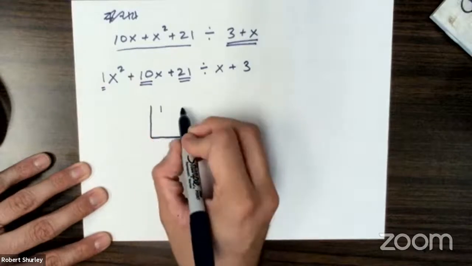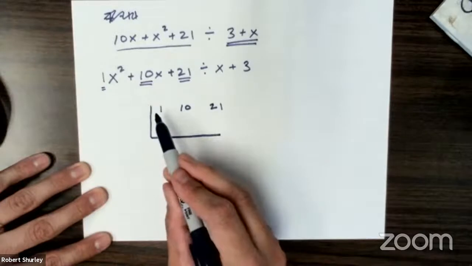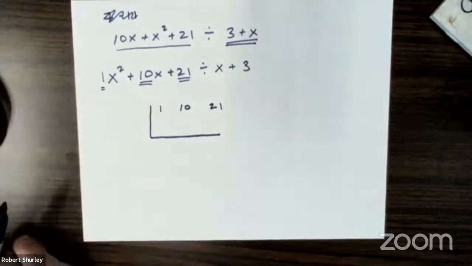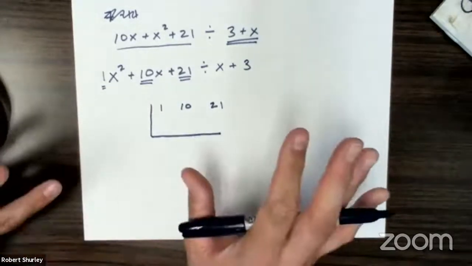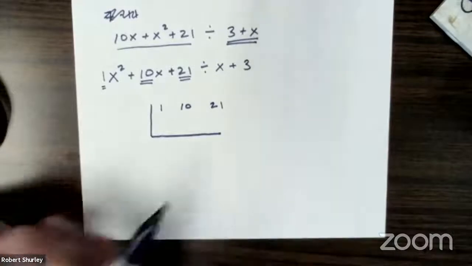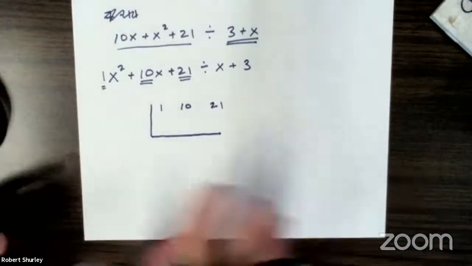And I'm going to write 1, 10, and 21. I'm going to write those individually right here. 1, 10, and 21. Okay. And this really is one of those things that feels like I'm waving a magic wand and poof, I've got the answer. But just roll with me for a minute.